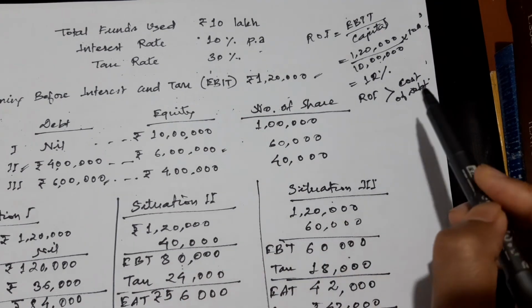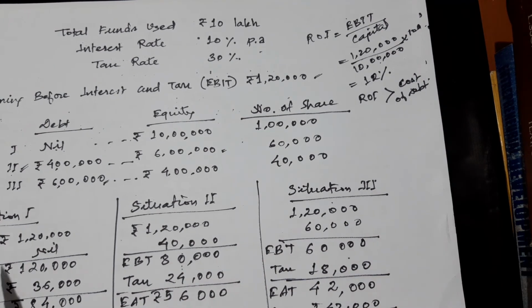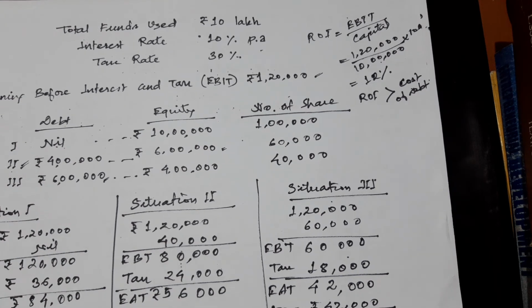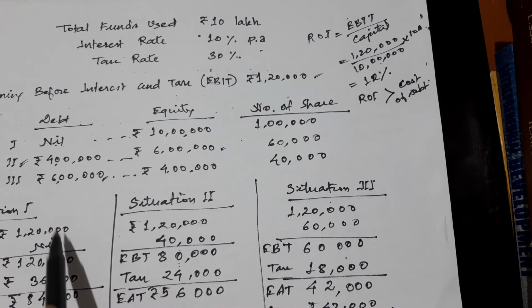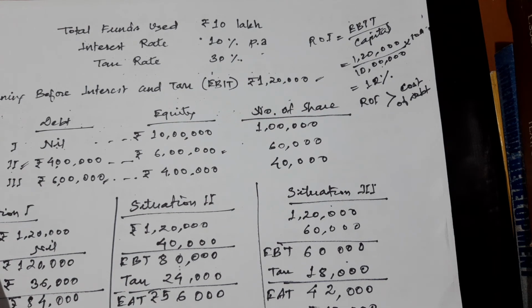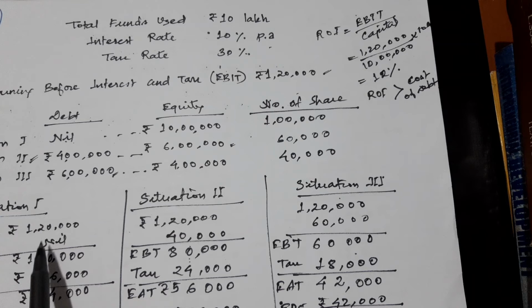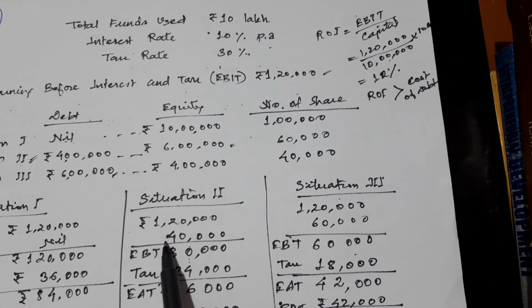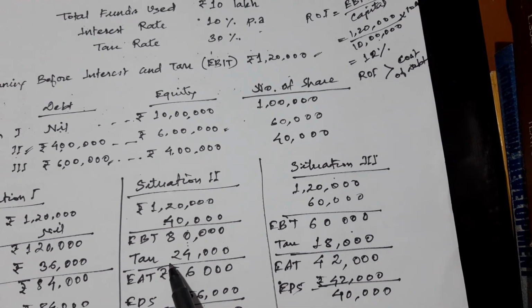And another advantage is that interest is deducted before tax. Okay. Interest is deducted before tax. See here in the calculation. First we have calculated interest and after that only we have calculated tax, and because of that the firm is gaining the advantage.